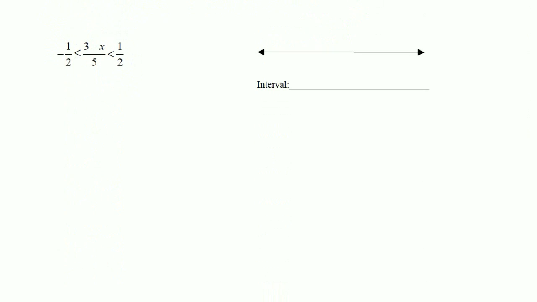Going on to my very last example, I'm going to follow the same basic process, but first I'm going to clear fractions. My LCD is 10, so if I multiply all 3 locations here by 10, then that will clear my denominators. Let's see what we have left in each place here.